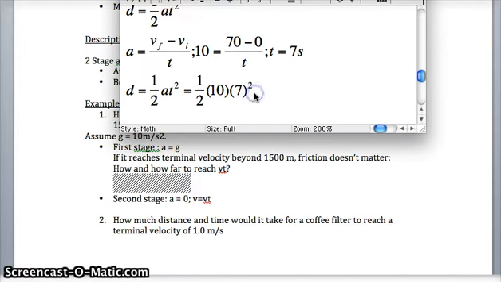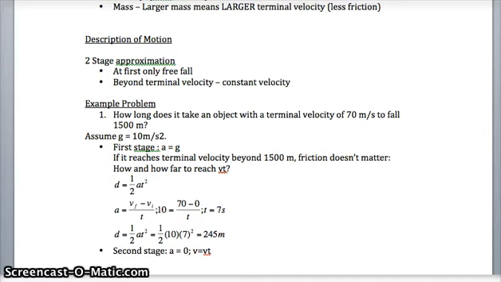That is 1/2 times 10 times 49, which is 5 times 49, so that's 245 meters. So falling for 7 seconds in free fall, you would cover 245 meters. That's pretty far, but that's not far enough to reach the ground. After 7 seconds and 245 meters covered, how much is remaining? 1,500 minus 245 meters.